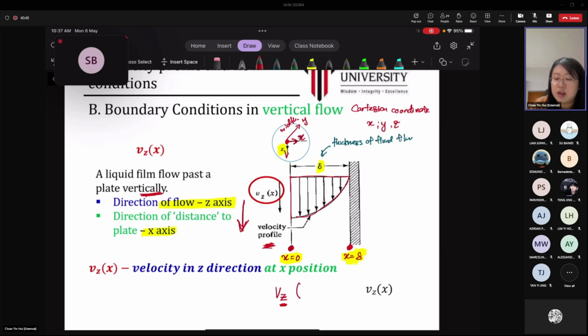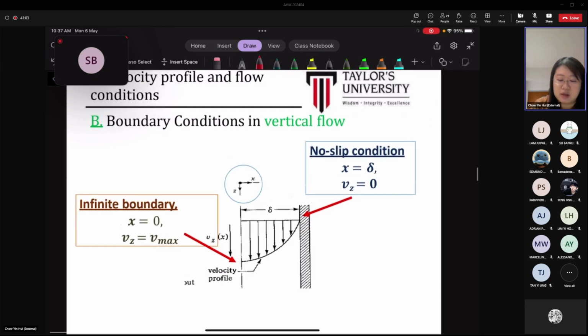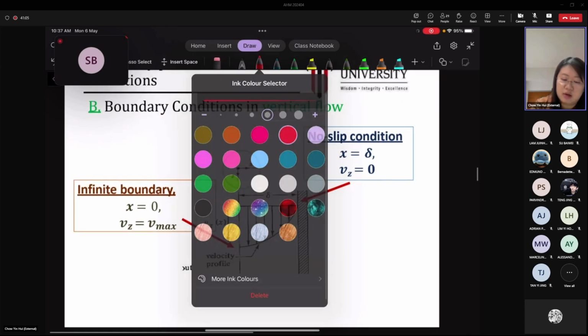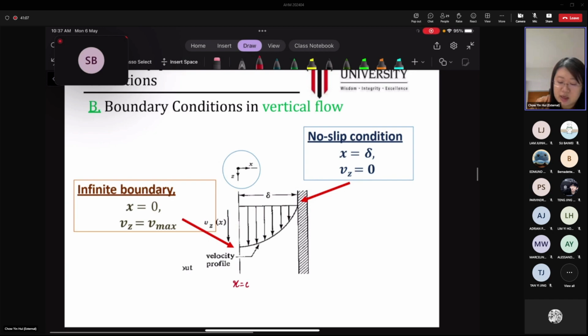And the velocity, if you look at it here, actually varies in the x direction. That's why Vz is a function of x. So why does it vary in the x direction? Let's discuss this. When x equals 0, along this boundary, that's where it's at a distance far away from the plate.